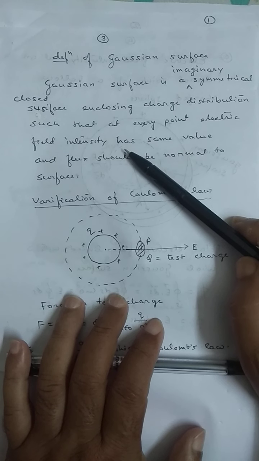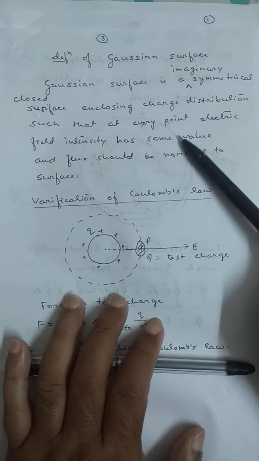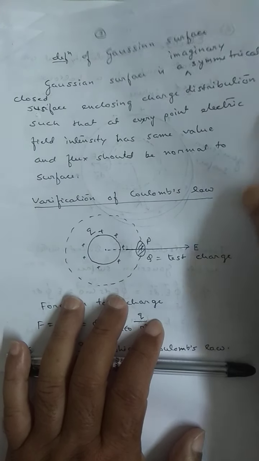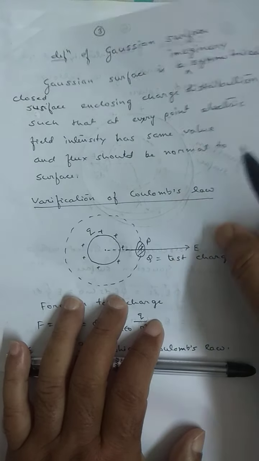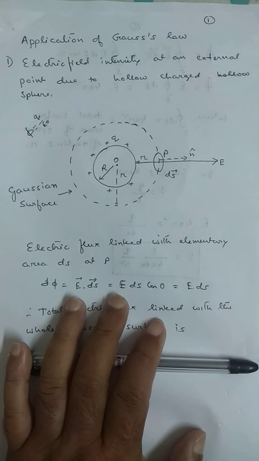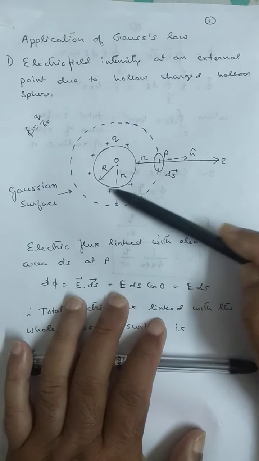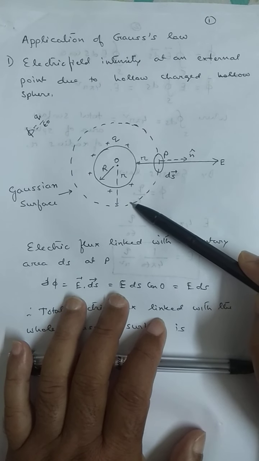It is a symmetrical closed surface, so that the electric field has a constant value at each and every point on the surface, and the flux is normal to the surface. Is it clear? So that is called the Gaussian surface. Now here, this is a spherical surface. Therefore, the Gaussian surface is also taken as a spherical one.